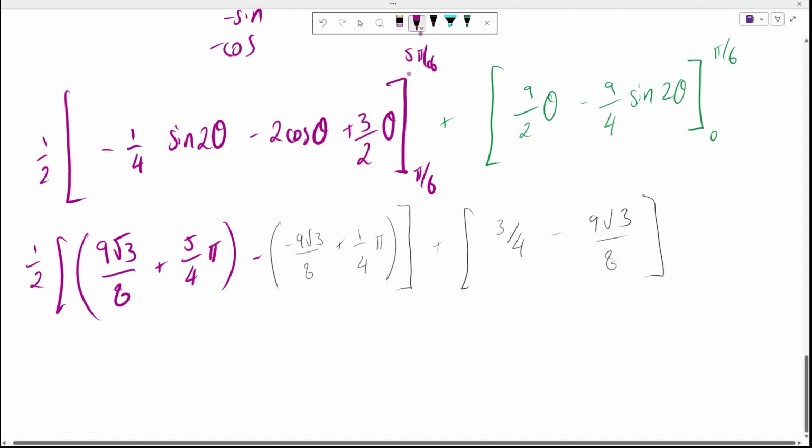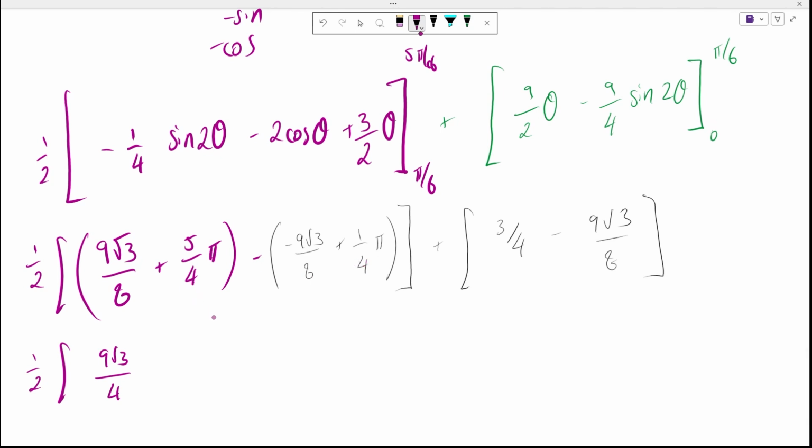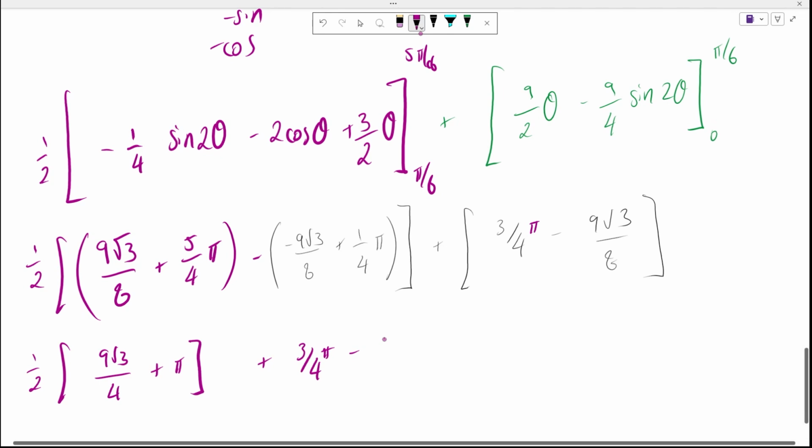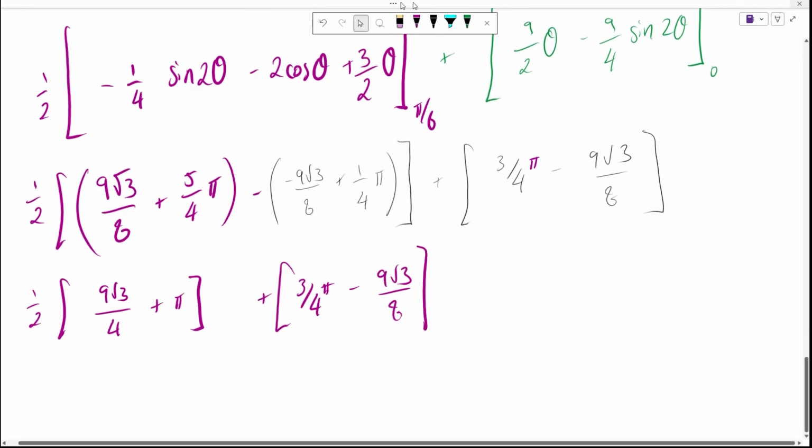Okay, and then we can add everything together. So we end up with, this is going to add together with this, so we end up with 9 root 3 over 4. This subtracts with that, it's 5 pi over 4 minus pi over 4, that's just 4 pi over 4, which is just pi. And then we half it. There should be a pi here. Minus root 3 over 8, like so.